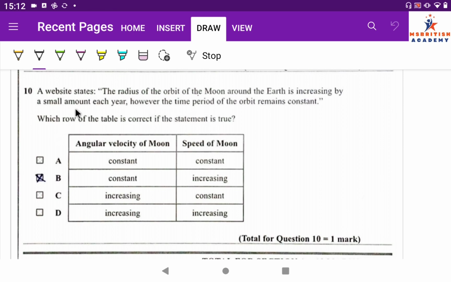Let's say the distance between moon and earth is this much, and every year it is increasing by a small distance, let's say it increased by this much. But it is saying the time period of the orbit remains constant. Which row of the table is correct if the statement is true?